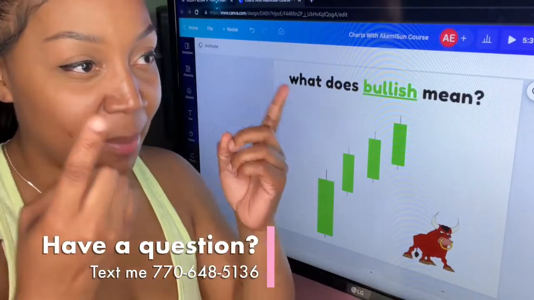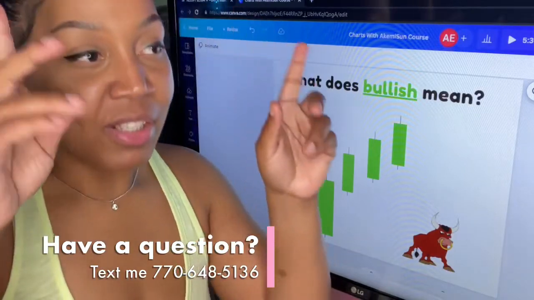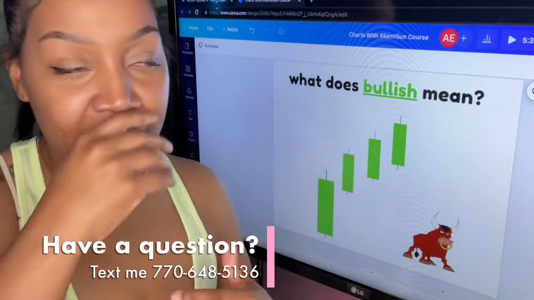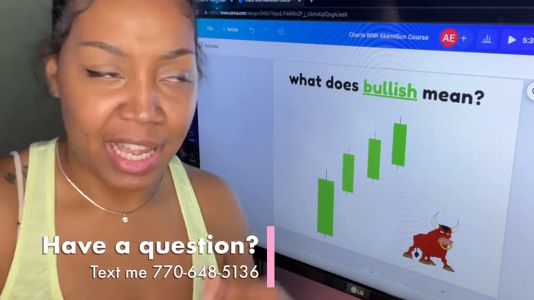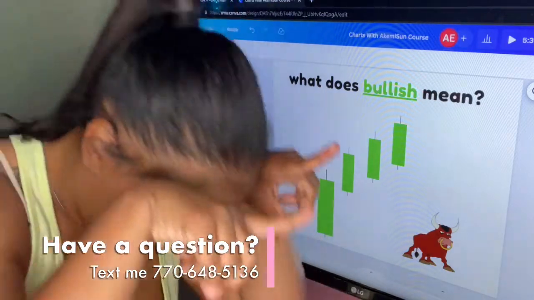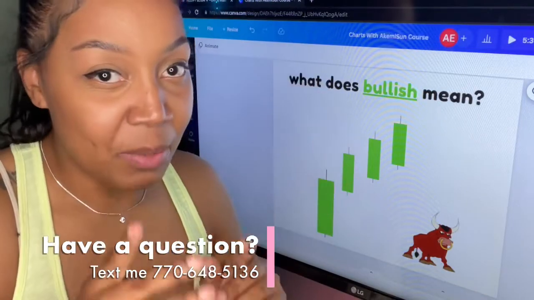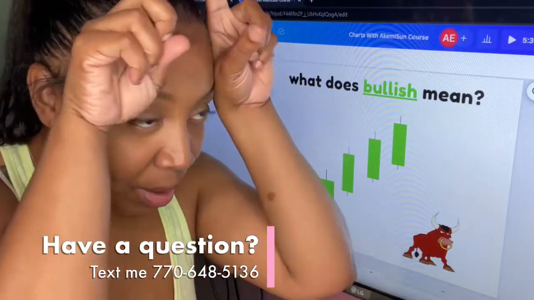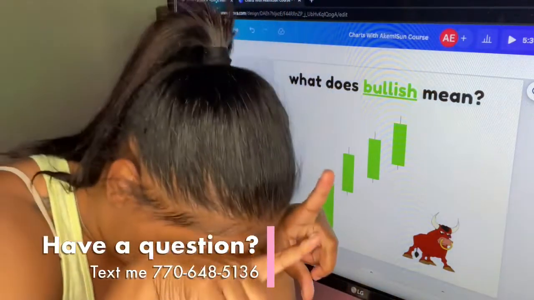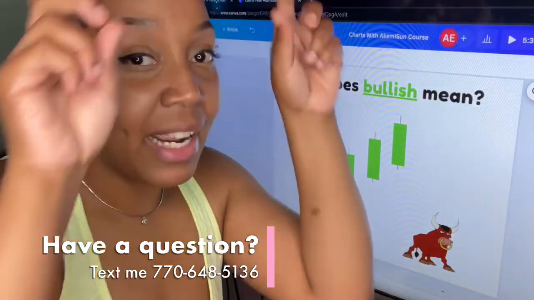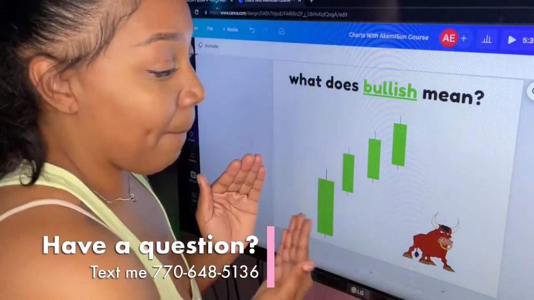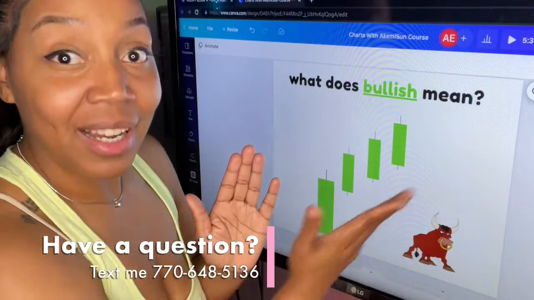A bull has horns. Whenever a bull is trying to attack, it has its horns and moves upwards. So anytime someone says bullish, remember a bull's horns, and then it goes up. That's how you remember bullish means going up.